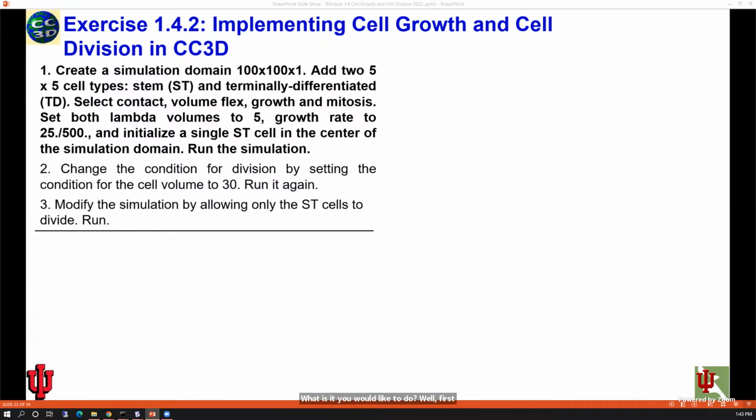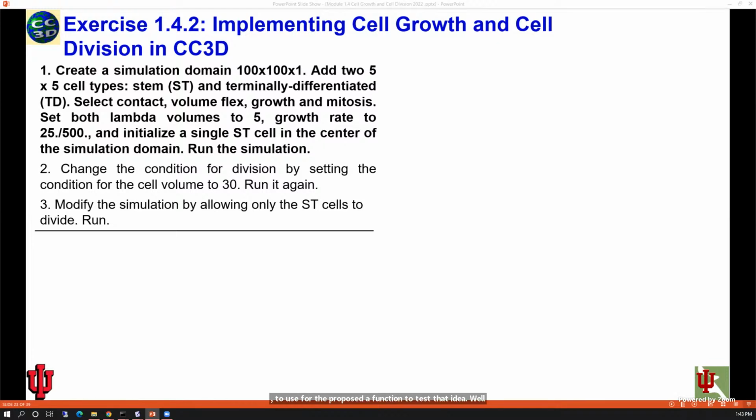Well, first I would like to know how this division function was built. And the other thing is I have some experimental evidence about how cells divide, and I would like to add or propose a function to test that idea.